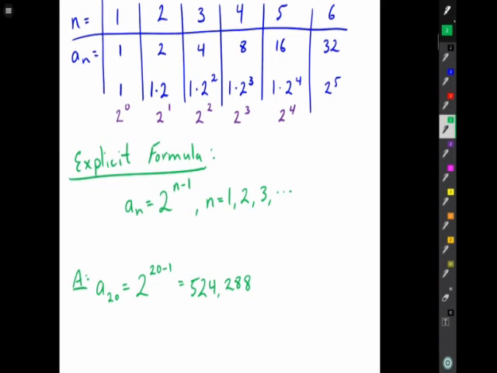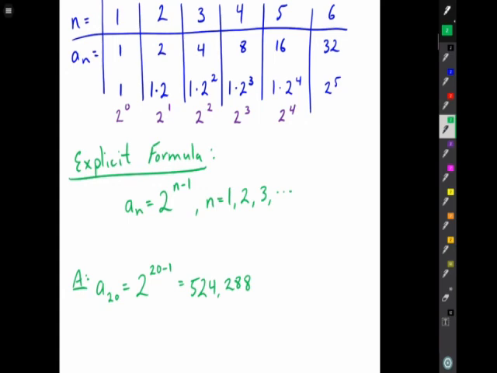Now, it's not necessarily always the best. There are situations in which recurrence relations are wonderful. The best thing about a recurrence relation is it's really easy to program, and really easy to compute. Whereas an explicit formula, it's really easy to work with mathematically, but it might be slightly more computationally intensive.